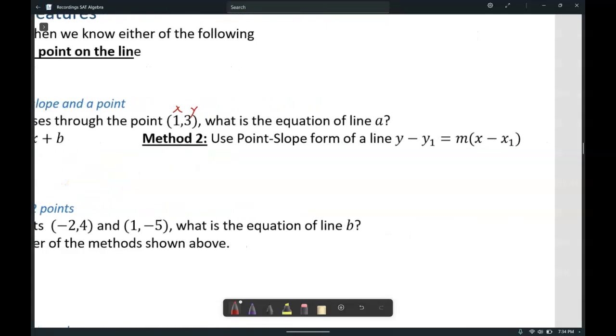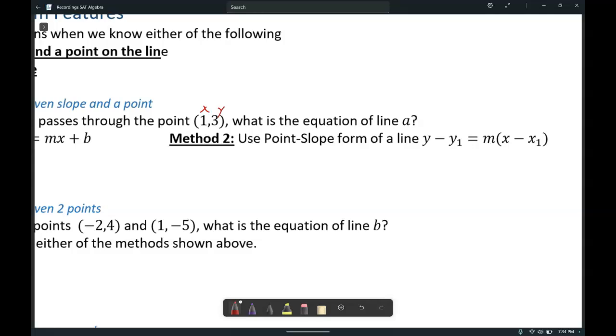The second method that I do prefer, because I think more consistently it's faster, is using the point-slope form of an equation. Now, point-slope form is actually not that hard of an equation to remember, because it's derived from our formula for slope. Recall that slope is m equals y2 minus y1 over x2 minus x1.